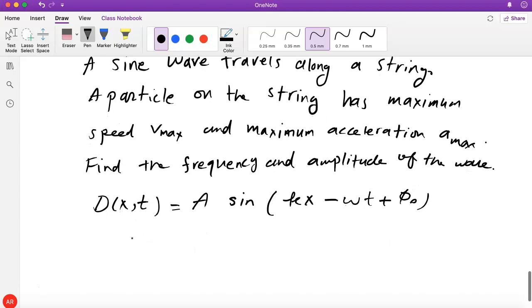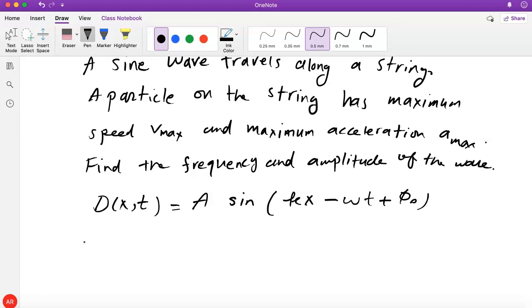And then it's talking about the speed and acceleration of a particle on the string. So it's the physical motion of a piece of this string in the perpendicular direction to the direction of the propagation of the wave.